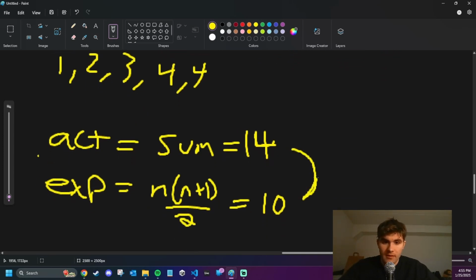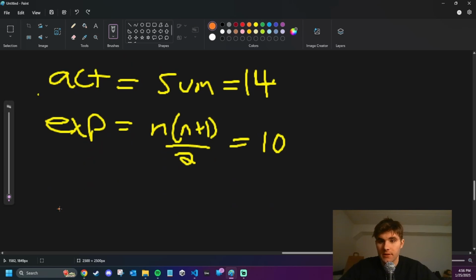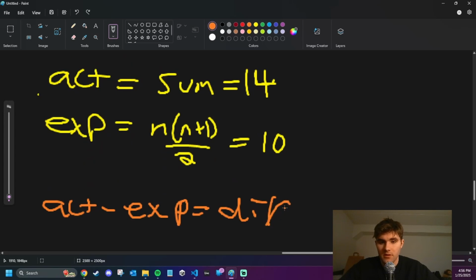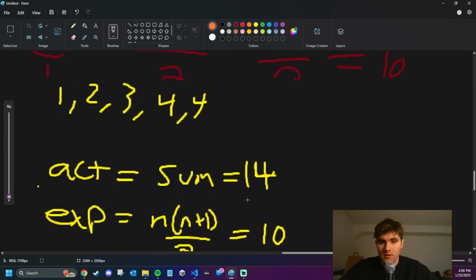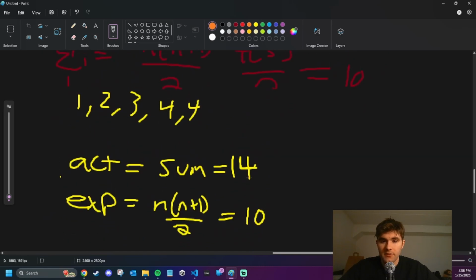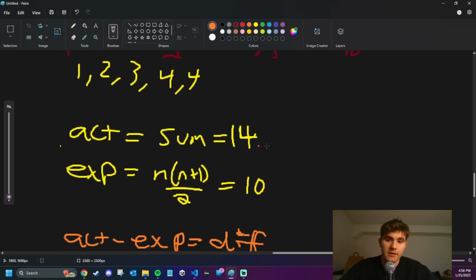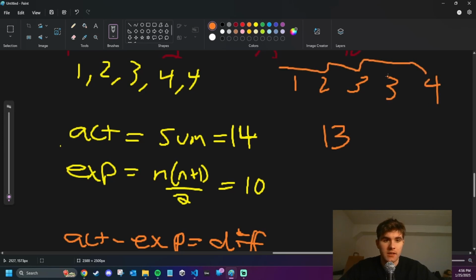So if you take the actual minus expected, gives you the difference. So in this case, the difference is 4, okay, so what would we expect if we got 13 actual? We would expect it should be 1, 2, 3, 3, 4, right? 1, 2, 3, 3, 4, which gives us 10 and then 13.